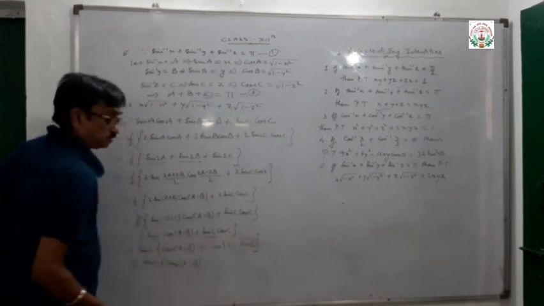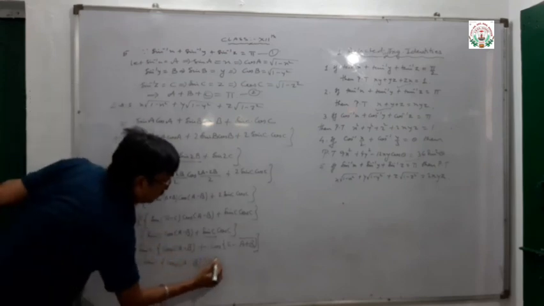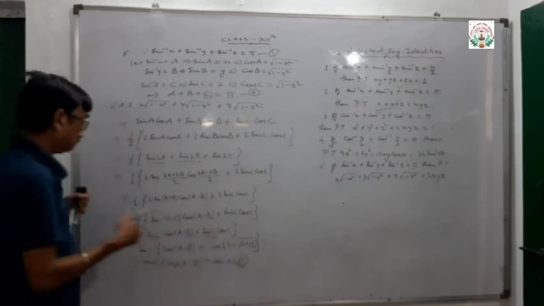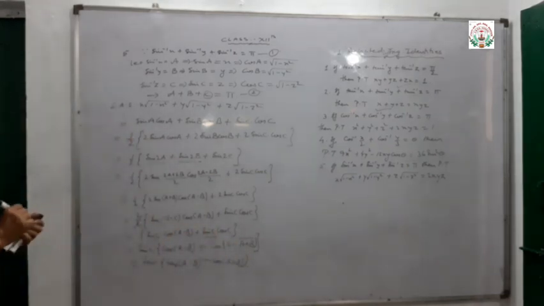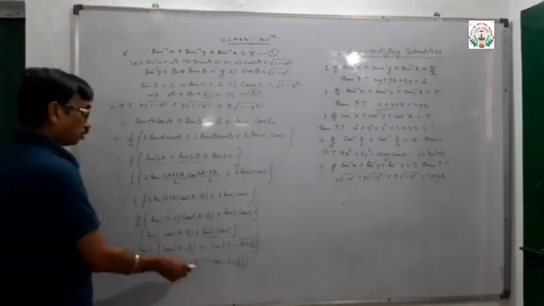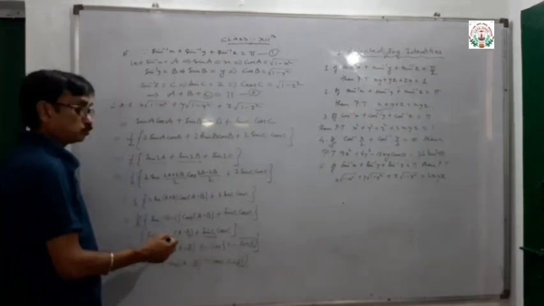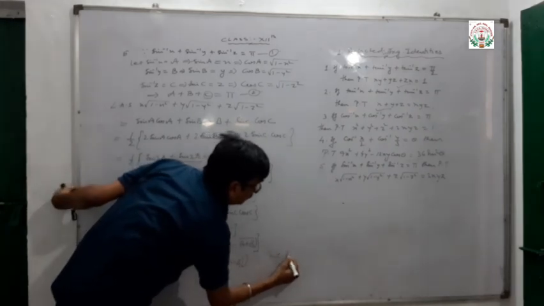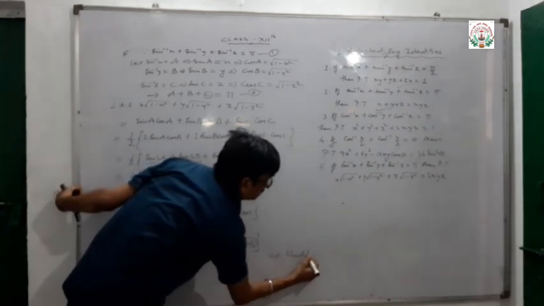Cos 180 minus theta is minus cos theta, so minus cos (A plus B). In class 11 we have studied cos (A minus B) minus cos (A plus B) is equal to 2 sin A sin B. So we get sin C into 2 sin A sin B.